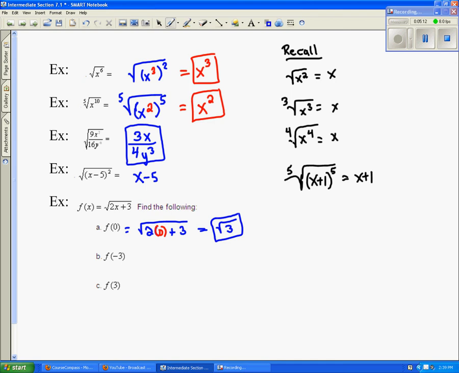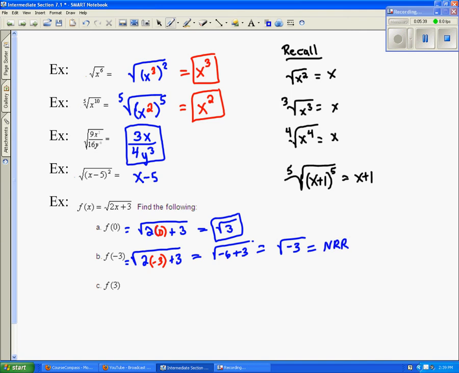And the next one, if I take the square root everywhere x is at, I'm going to put a negative 3 this time. That's going to give me square root of negative 6 plus 3, which is going to give me the square root of negative 3. Since this is an even index, we cannot have a negative radicand. This one is no real roots.